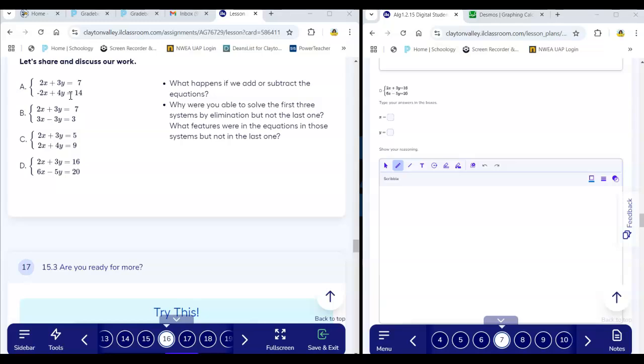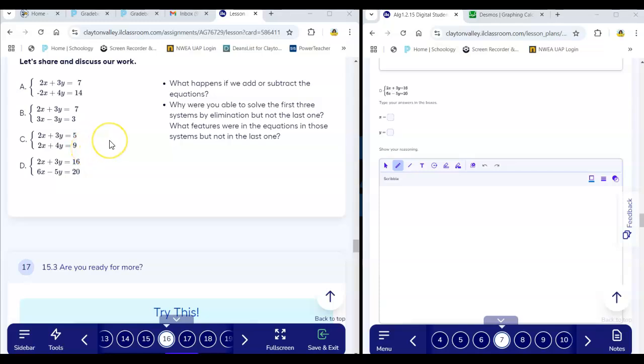What features were in the equations but not in the last one? Opposite coefficients or coefficients that were identical. So these two you could add together, and this one you had to subtract, but you still got the right answer.